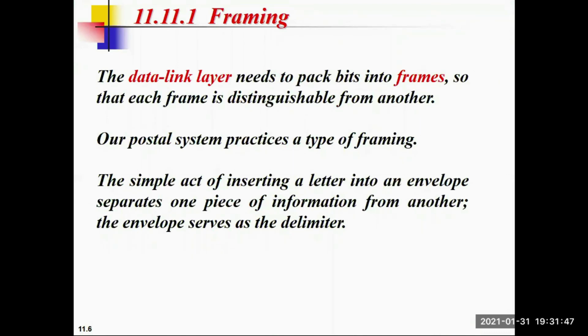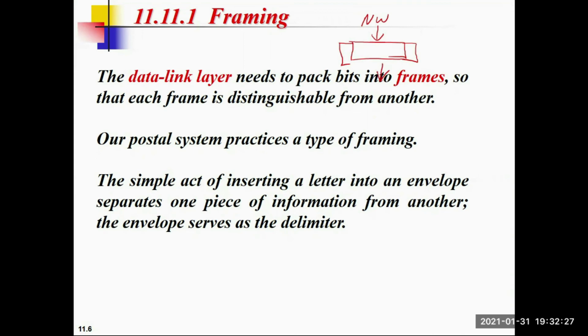The data link layer needs to pack bits into frames so that each frame is distinguishable from one another. And this framing is similar to our postal services. We have data from the network layer to the data link layer, and at the data link layer we are doing framing by adding a header and trailer to this and sending it to the physical layer.